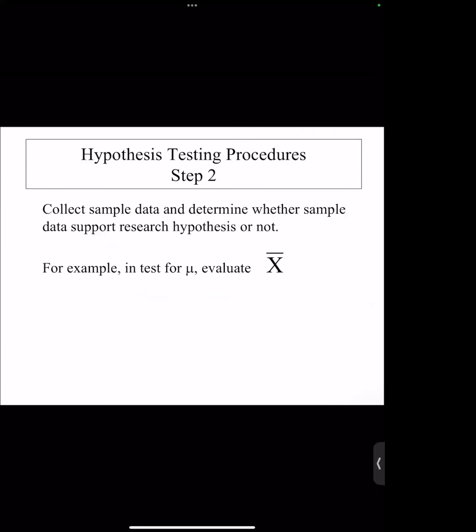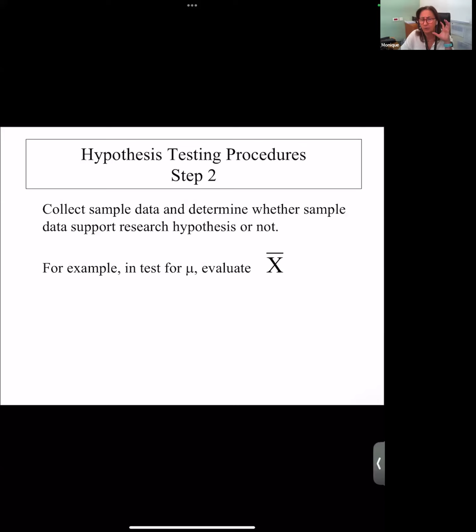Okay, sure, thank you. So for hypothesis testing, we state the hypothesis, and we decide if it's one-sided or two-sided based on your interest and what you know. Then step 2 is you collect the data. You take a random sample to see whether the data that you collect from the sample support the hypothesis or not.